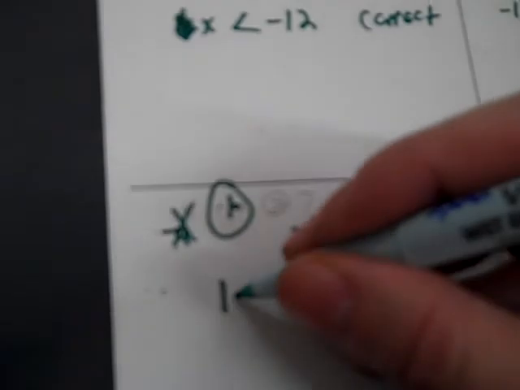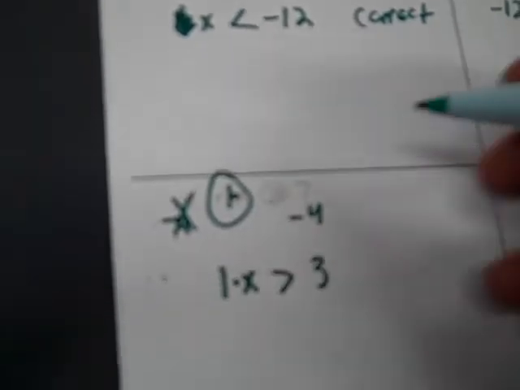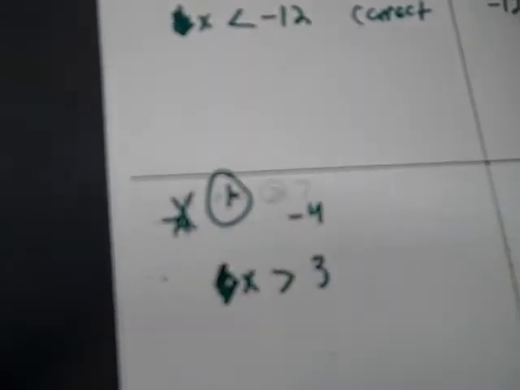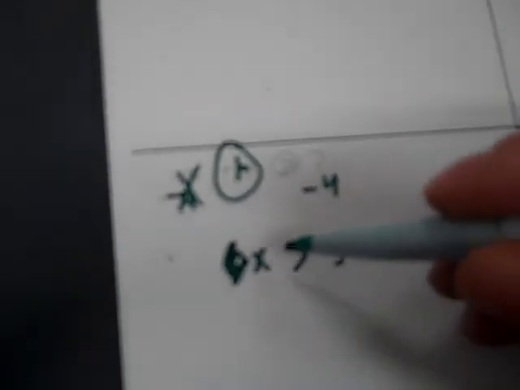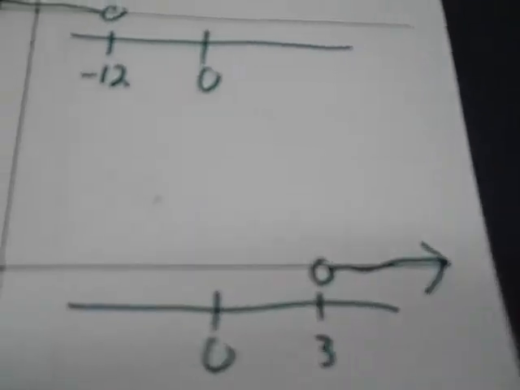So I've got 1 dot x and then 3. Okay, x comes first, then the number, so that's exactly how I want it. It's correct. So 3 is your critical number. Can't be equal to, and then it's a greater than sign. Okay? So greater than would be all the numbers this way, 4, 5, 6, all that.